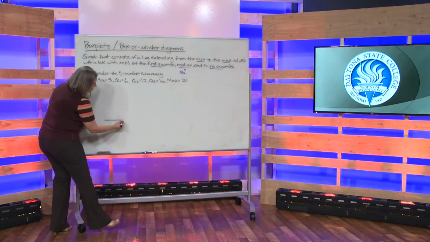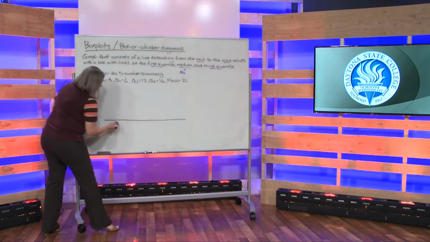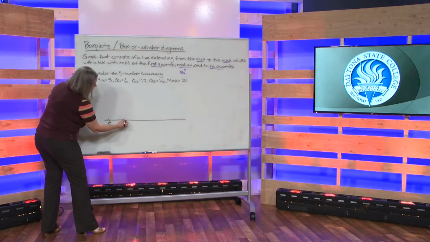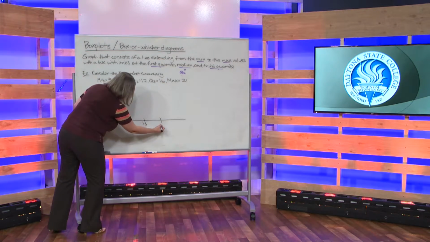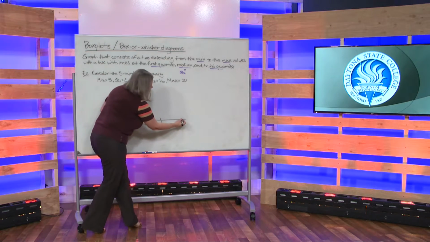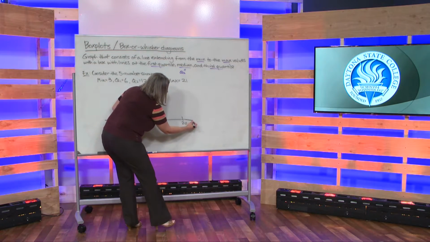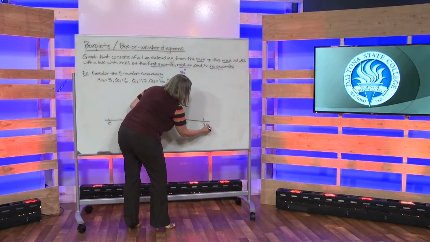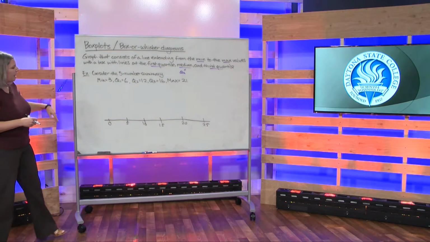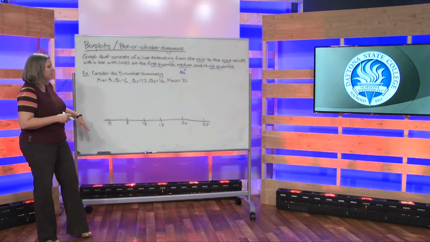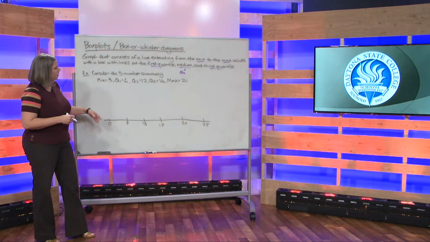I'm actually going to do a scale that goes at 0, at 5, at 10, at 15, at 20, and goes out to 25. So I've tried my best to make sure that I have pretty equal intervals in here so that we have an accurate picture here.